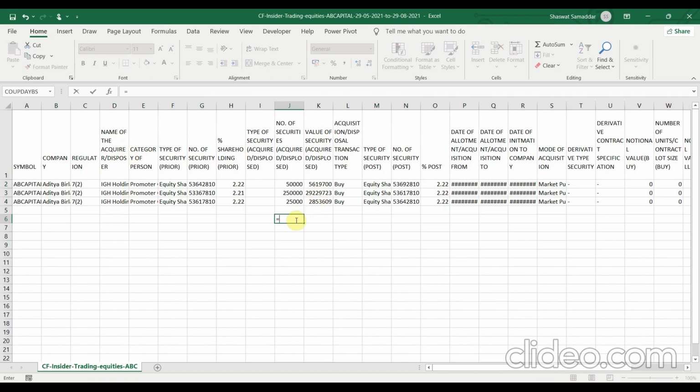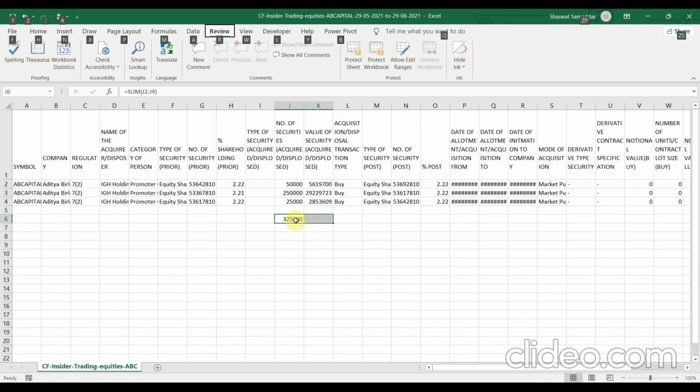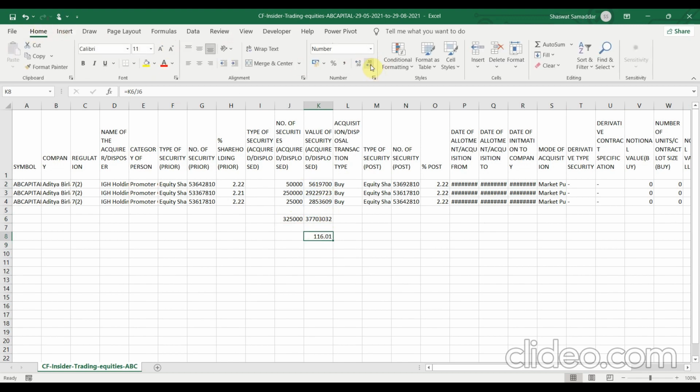So let's just jump into the calculations. Divide the total value of security by total number of security, and here we have the number, the average price at which the promoters entered. Let me just highlight it, 116.01.